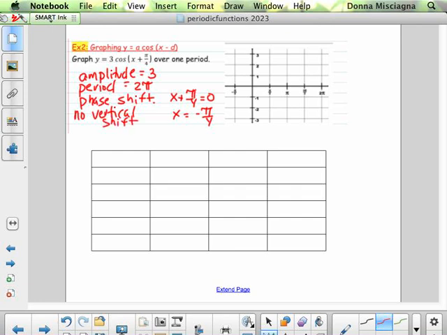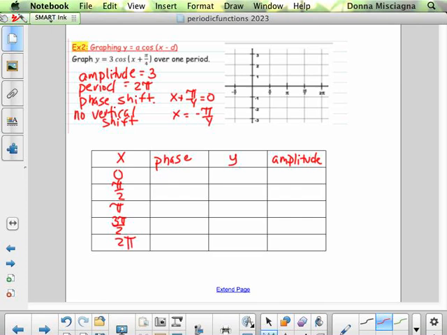All right, let's fill in our values here. So we have x. There is only a phase shift because the period's still 2 pi. Y, and then there is an amplitude change this time. So the x's are 0, pi halves, pi, 3 pi halves, 2 pi, just like always.